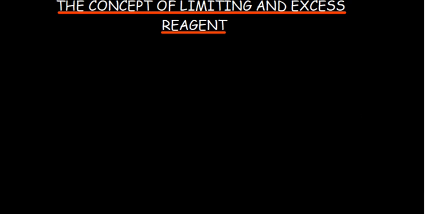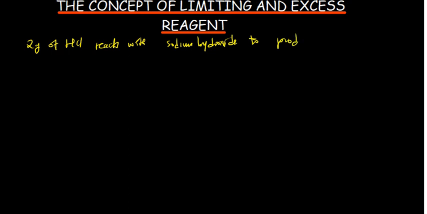Okay, let's say we've been given that 2 grams of hydrochloric acid reacts with sodium hydroxide to produce sodium chloride and water. So the question is, calculate the mass of sodium chloride produced.